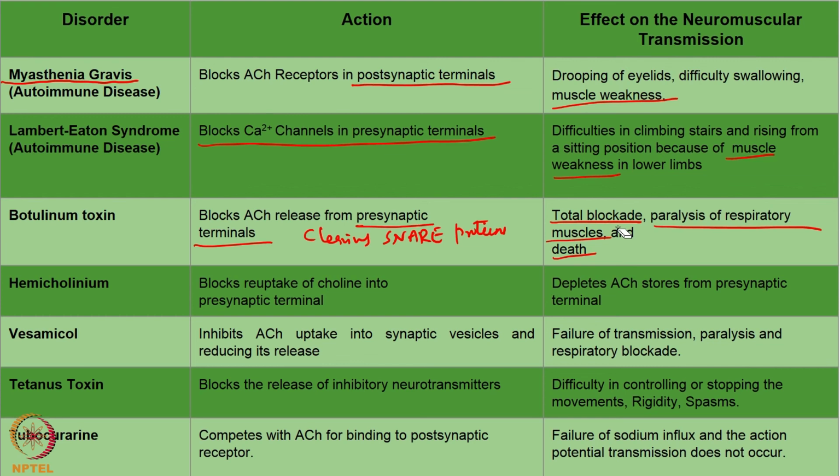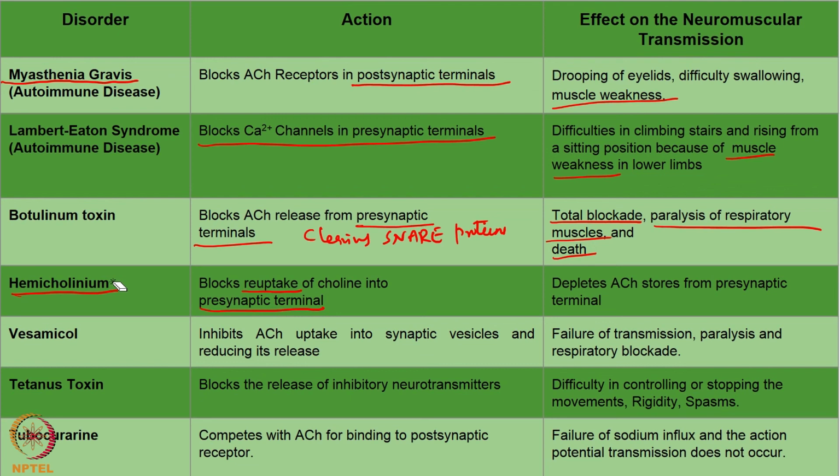Hemicholinium basically prevents the reuptake of choline into the presynaptic terminal, essentially depleting acetylcholine stores from the presynaptic terminal, and at some point the presynaptic terminal will not have any more acetylcholine to release, causing weakness.